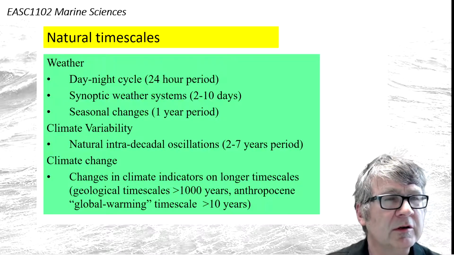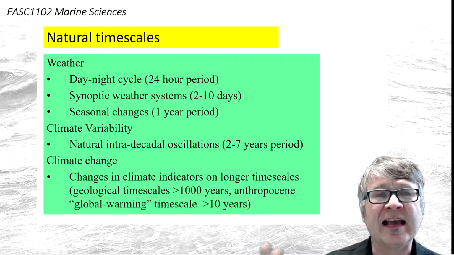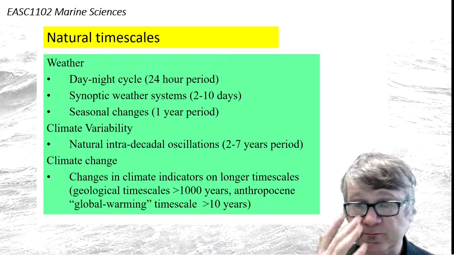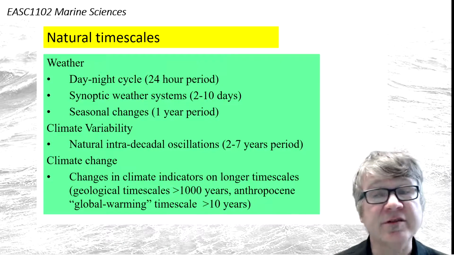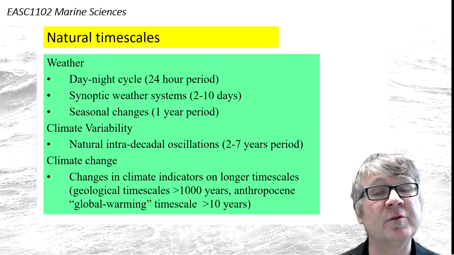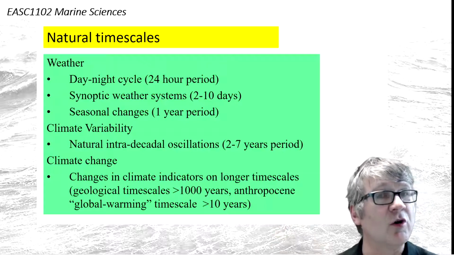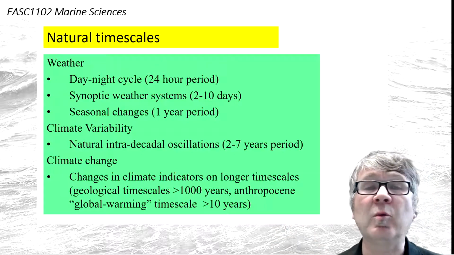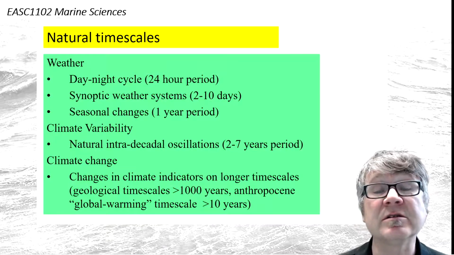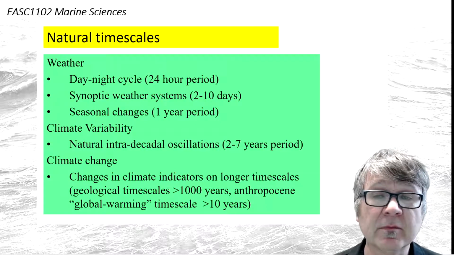It's about the variations that we are experiencing in terms of the weather. So there are day and night changes. That's the day and night cycle. It's the 24-hour period. We have synoptic weather systems and storms passing through an area, 2 to 10 days. And we have seasonal changes. It's a 1-year period, the change between summer and winter.